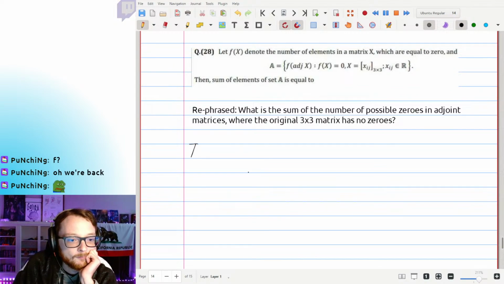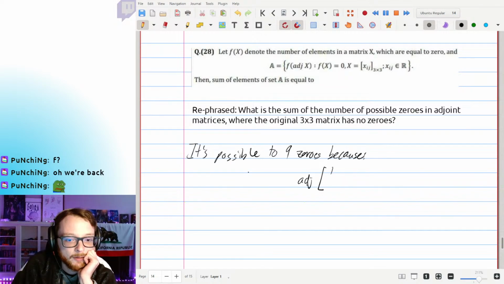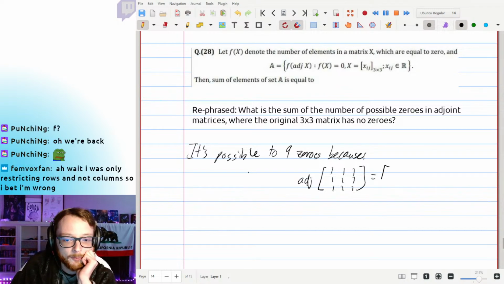So I think maybe the easiest case for me to think of, to have 9 zeros, is the adjoint of the matrix of all ones. By my quick mental math, that is the zero matrix.